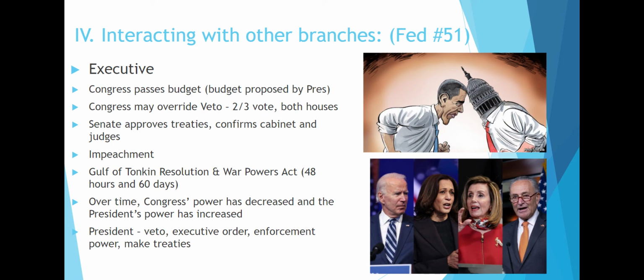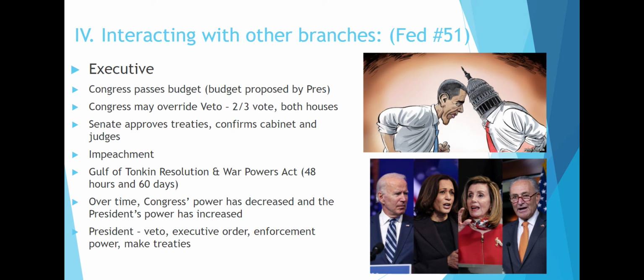After September 11th, with the so-called War on Terror, President George W. Bush got an authorization for the use of military force to go into Afghanistan, to go after al-Qaeda, and that authorization for the use of military force was so broadly written that it formed the basis for future military action in Syria, Libya, other parts of the world that we are still dealing with some of the ramifications of today.